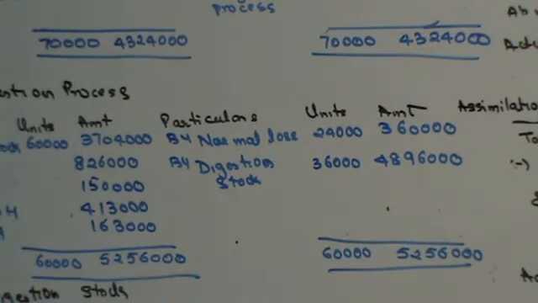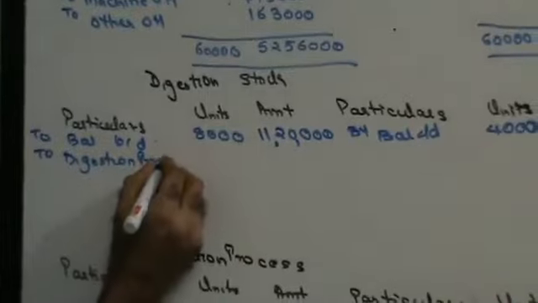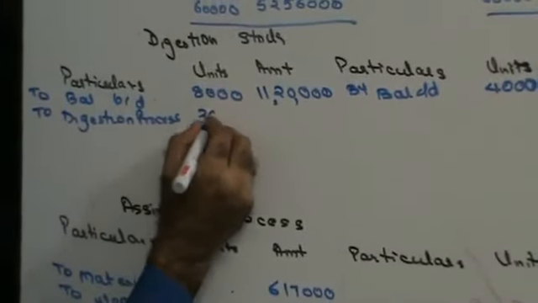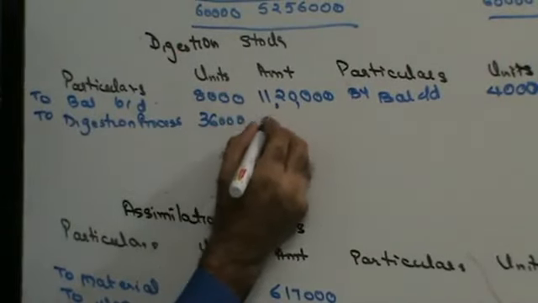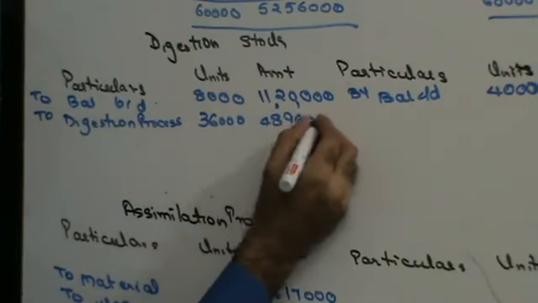Right? Now transfer that stock account into the digestion stock. So this is going to be to digestion process. Digestion process is 36,000 and 48 lakh 96,000.